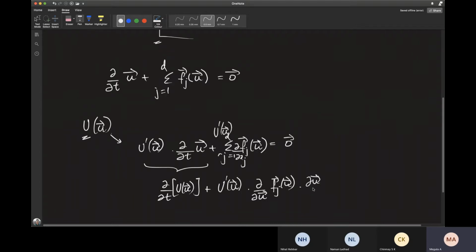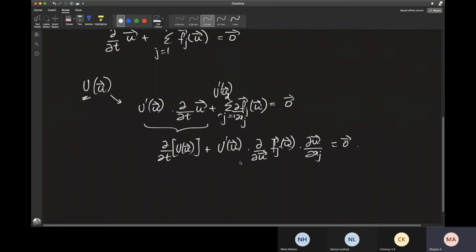And now this should be some derivative of the entropy flux function. Let's just call it fj.